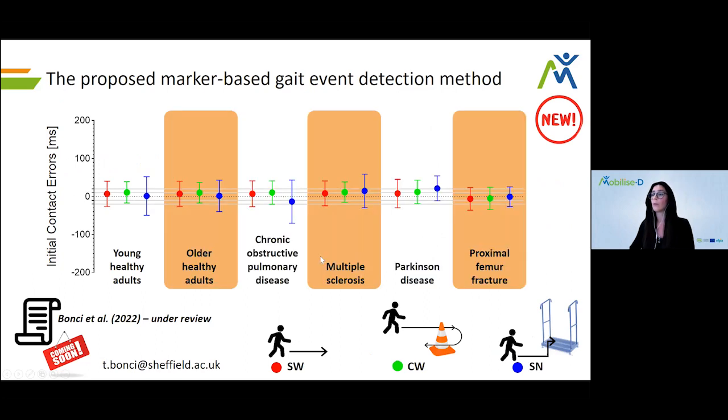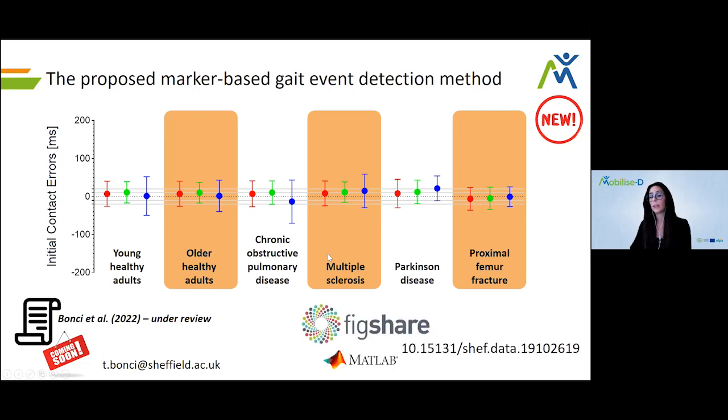But you can see that also when this method is used for people with mobility impairment, the errors are very low. So although the paper has not been published yet, we have the MATLAB code with some data that is already available on Figshare. So please go online and download the code and start using it.